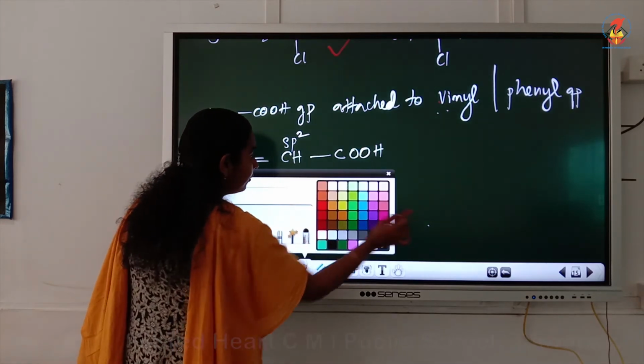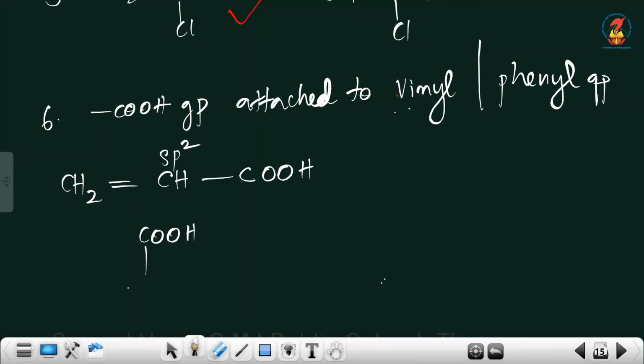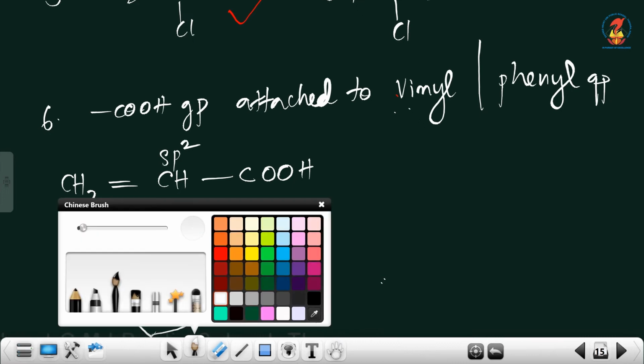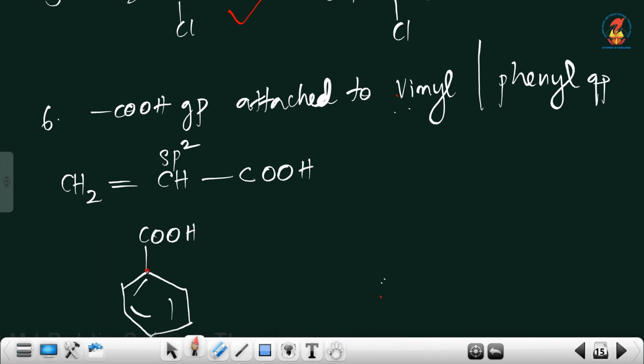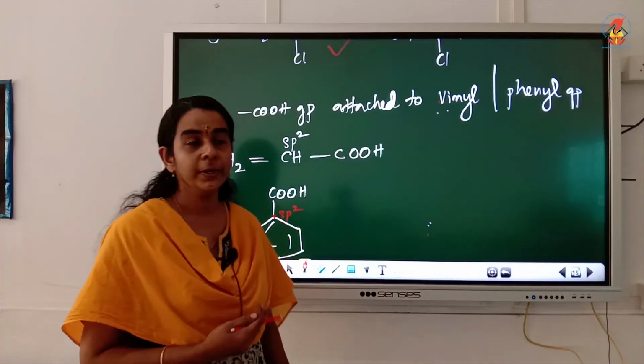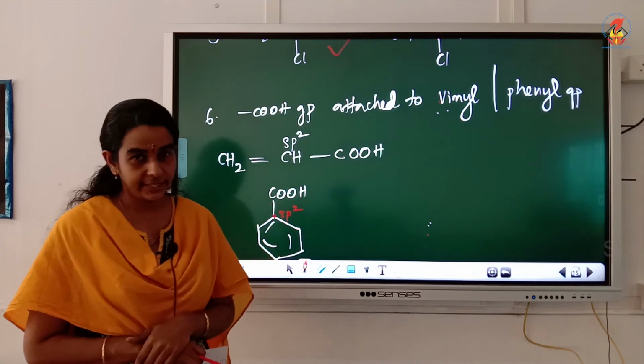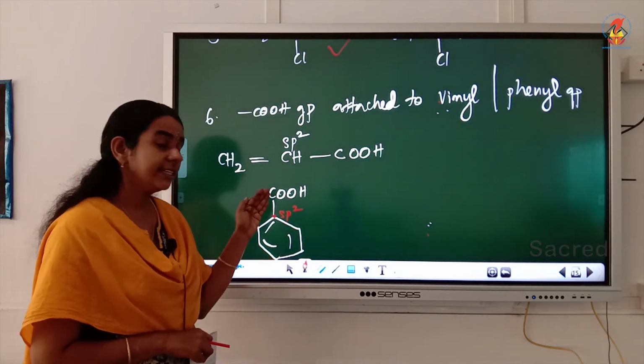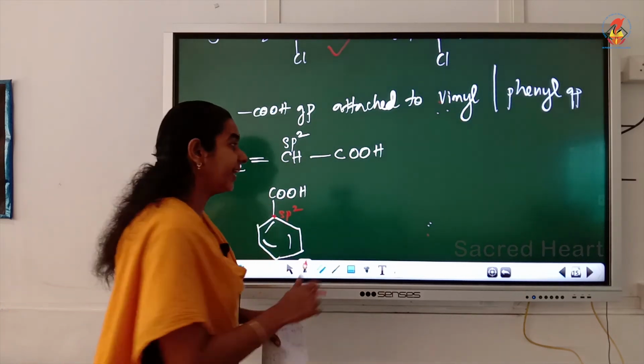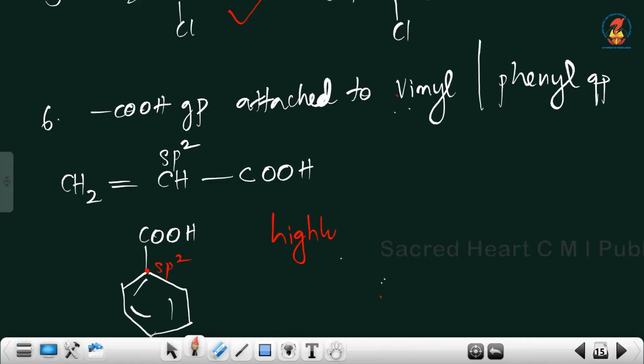Similarly, if a carboxylic acid is attached to a phenyl group or benzene ring, here also COOH is attached to an sp2 hybridized carbon. Since sp2 hybridized carbons are highly electronegative, acidity will be more.